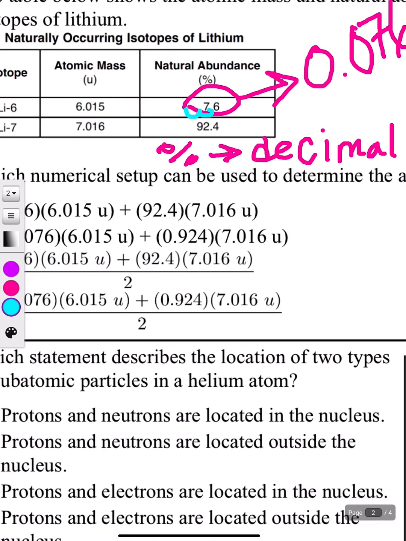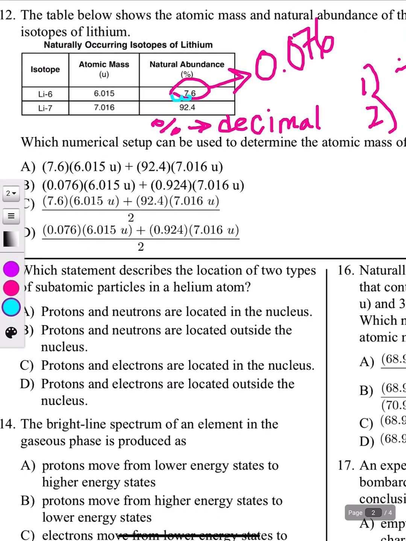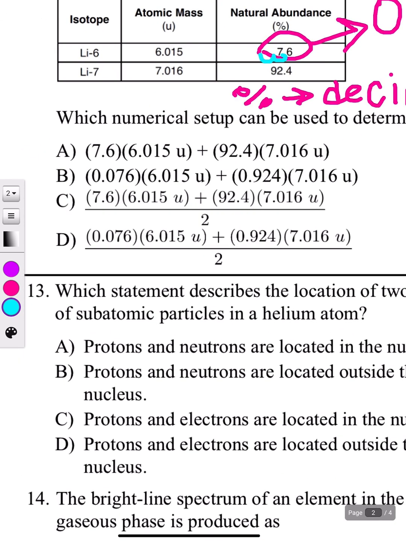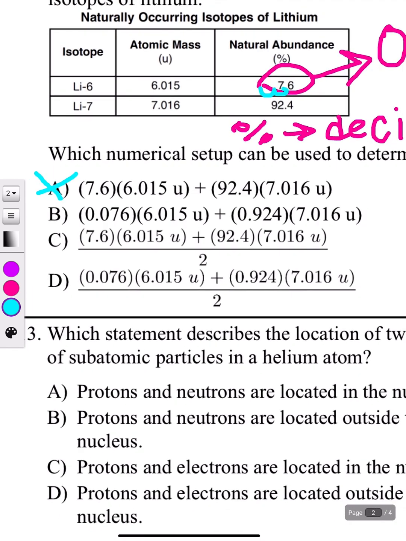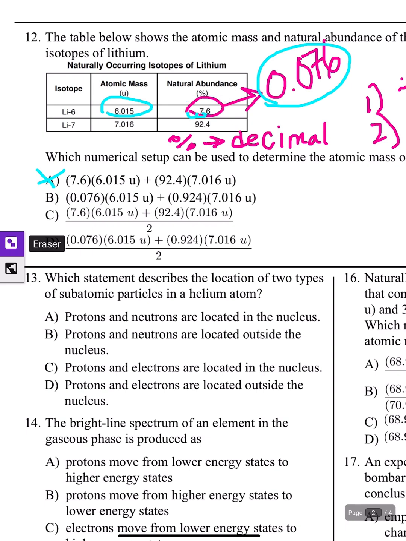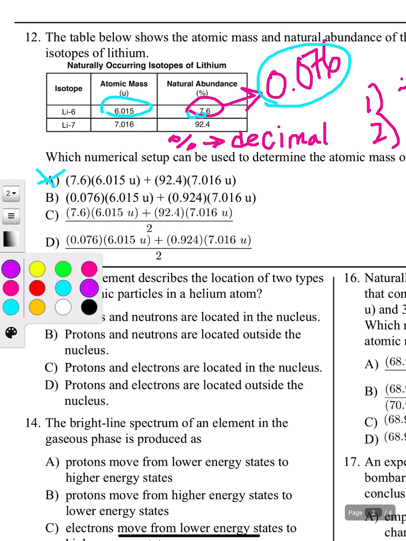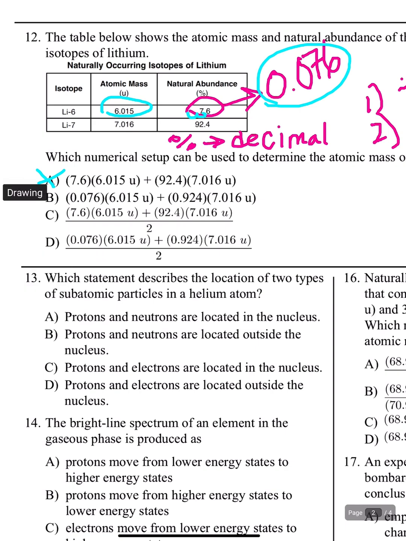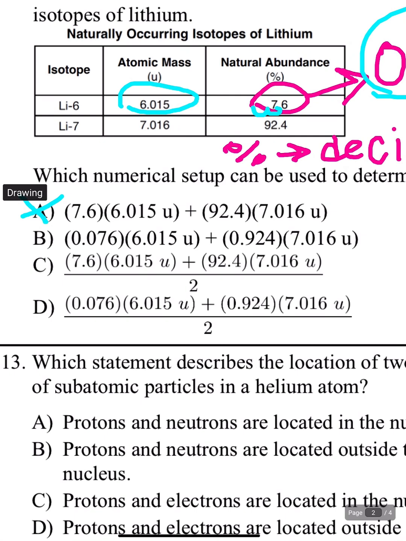So in the first one, that's going to be 0.076. I see A does not do that, so I'm going to cross that one out. And I see that B does have that number multiplied by the mass. Cool, so that one has it. Okay, and now I'm going to look at the next one and see if that has that same setup.